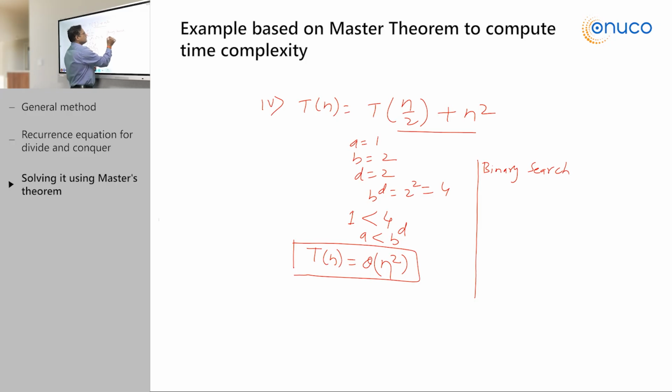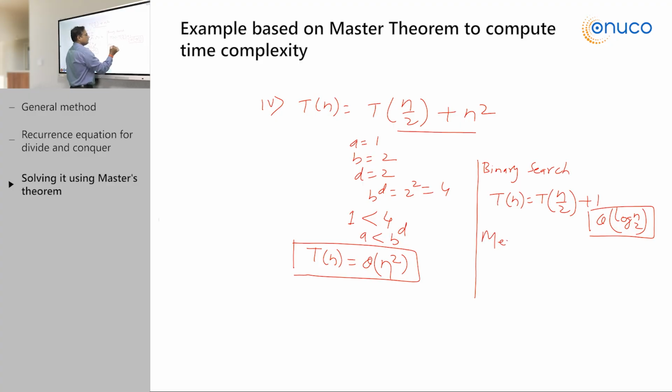In this case, the recurrence relation will be T(n) = T(n/2) + 1. These problems can be solved by the backward substitution method and Master Theorem, and in both cases we get the same complexity, theta of log n base 2.